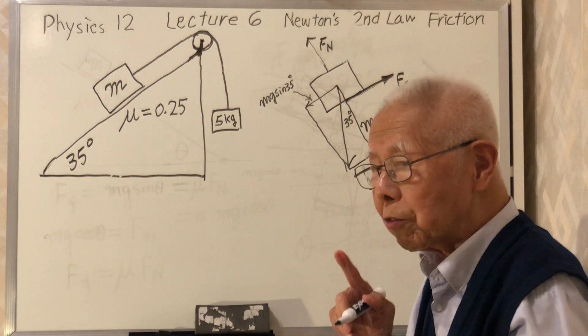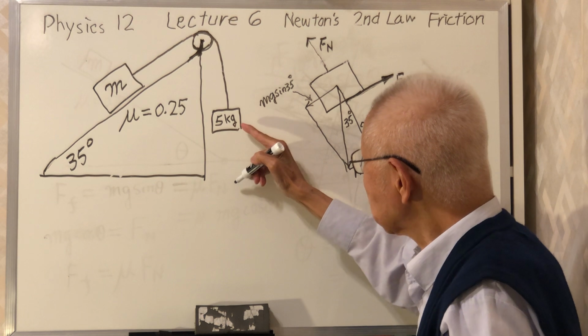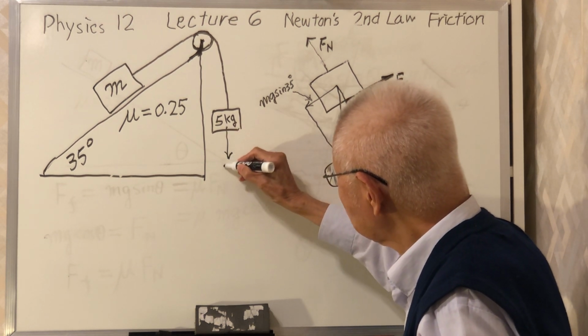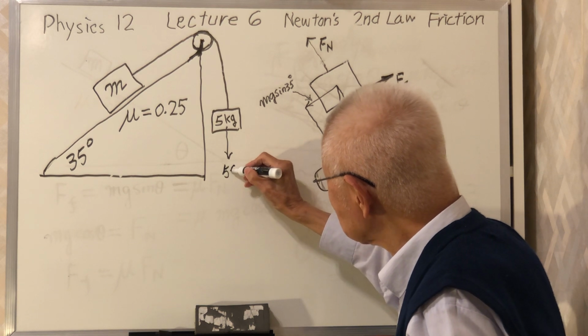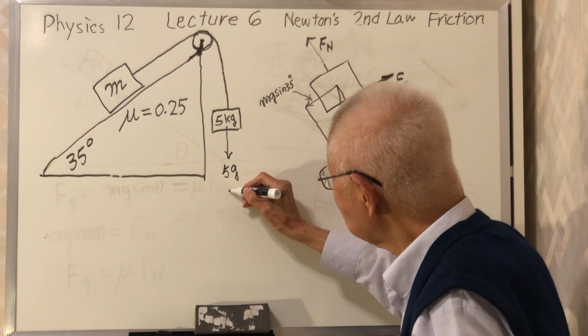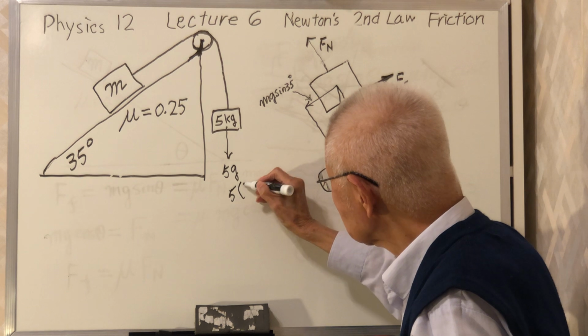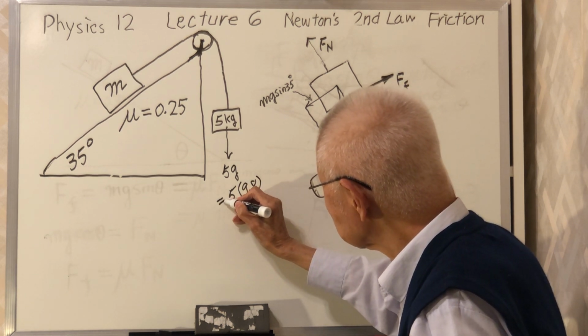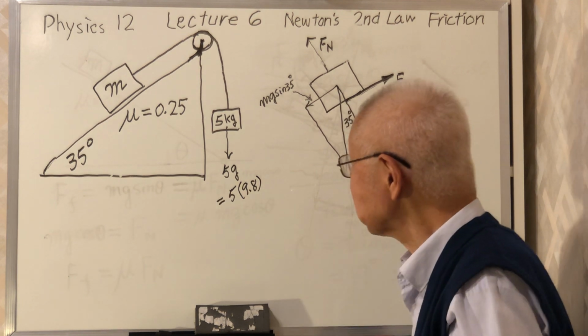There is also one more force. The 5 kg has the force of gravity, 5 times g, or 5 times 9.8. This is a force of gravity.